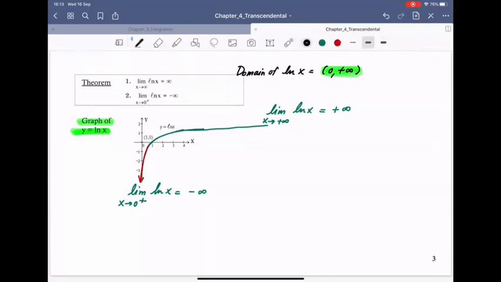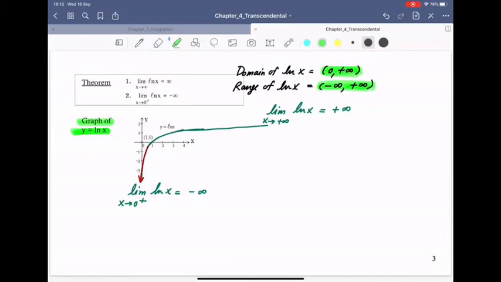And also the range of the logarithm is the possible y values, which is negative infinity to plus infinity, or all real numbers. That is the basic thing for logarithm. Make sense?